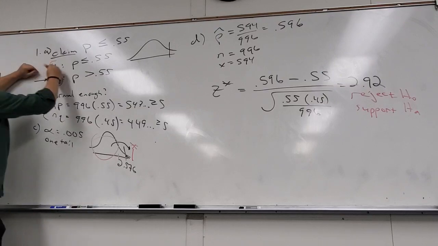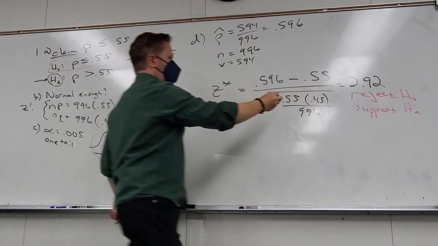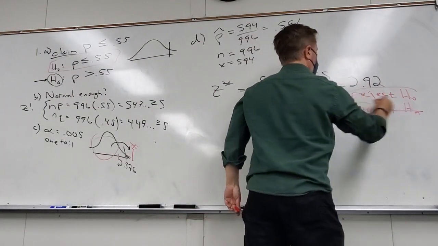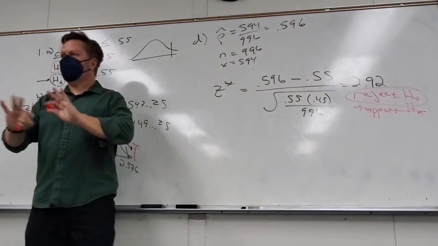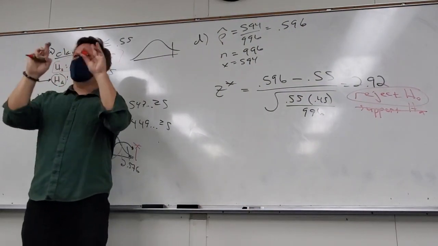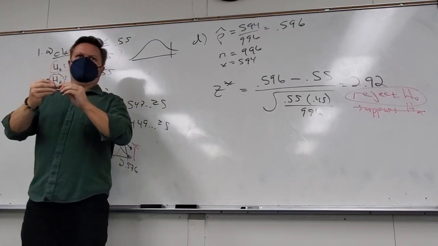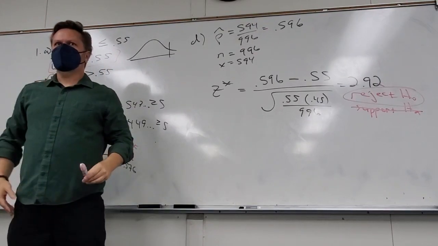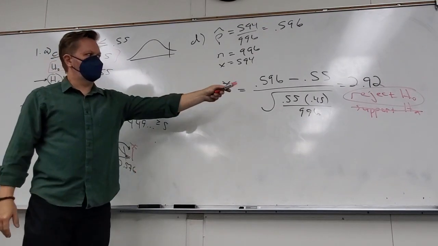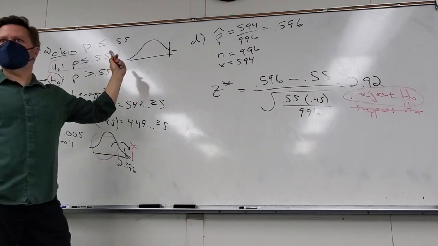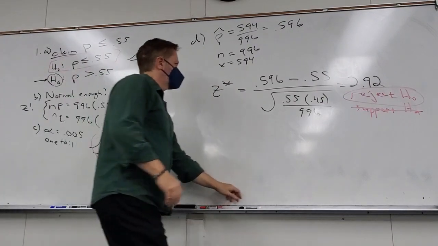The null was the claim. So which language do I want to use? That language. There's no guessing. No, we have to talk about the claim, and we just rejected the claim that this cop made, right?